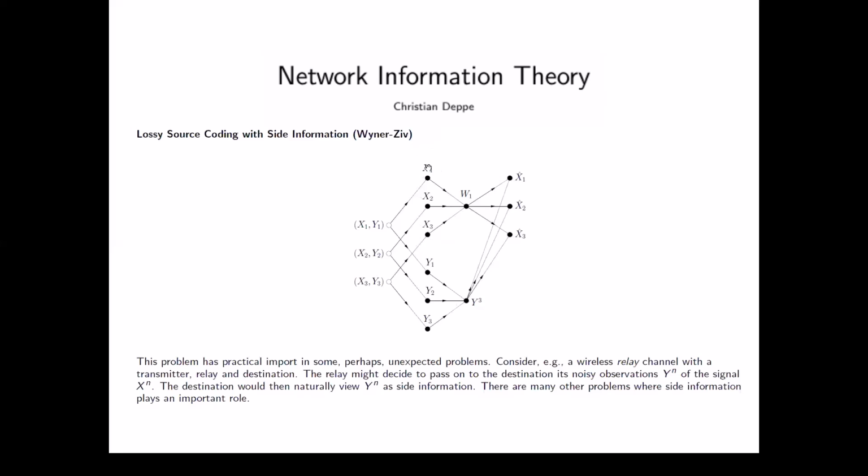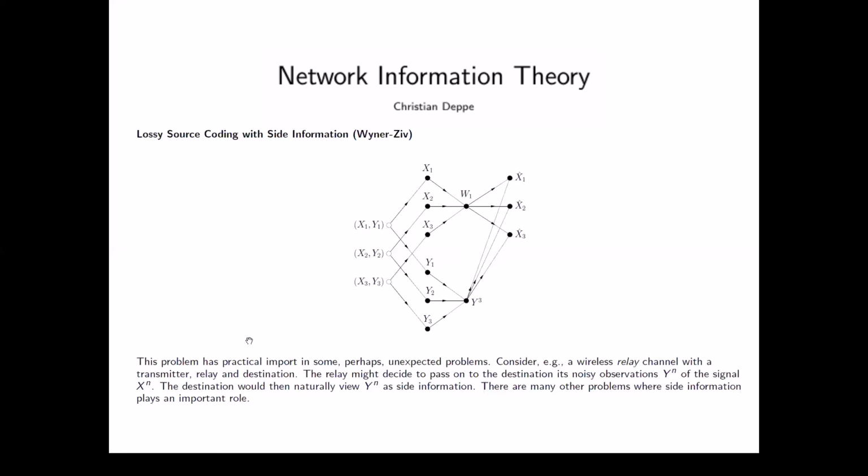So x^3 is encoded into some W1, some indices, and sent to the decoder. The decoder receives W1, which is a compression of x1, x2, x3, and y^3, which is exactly the sequence y1, y2, y3. And depending on W1 and y^3, you have to give some estimate x hat 1, x hat 2, and x hat 3.